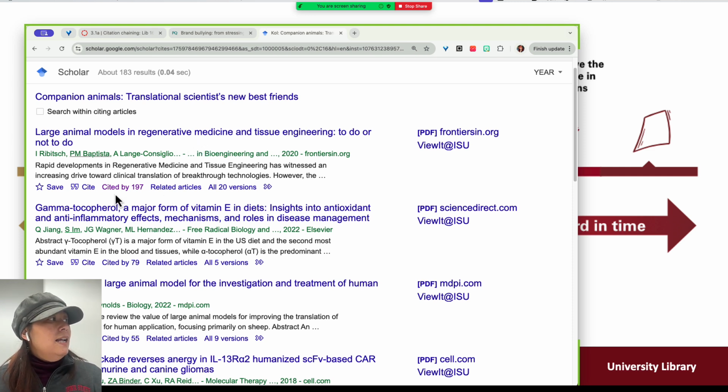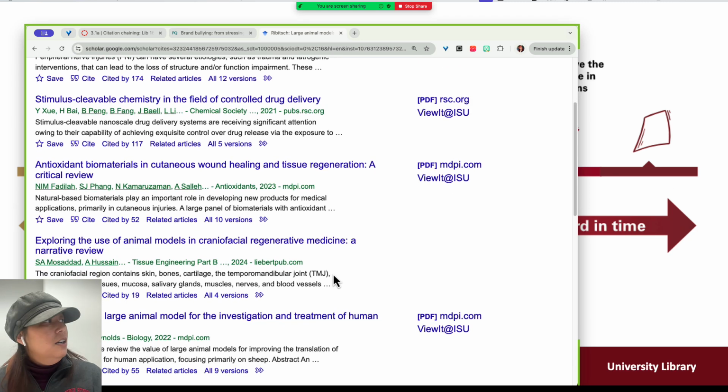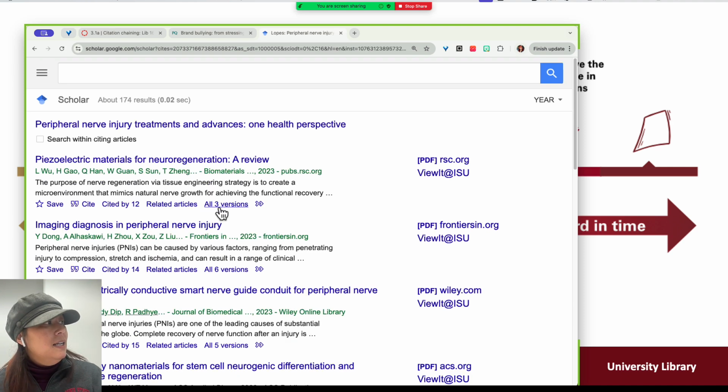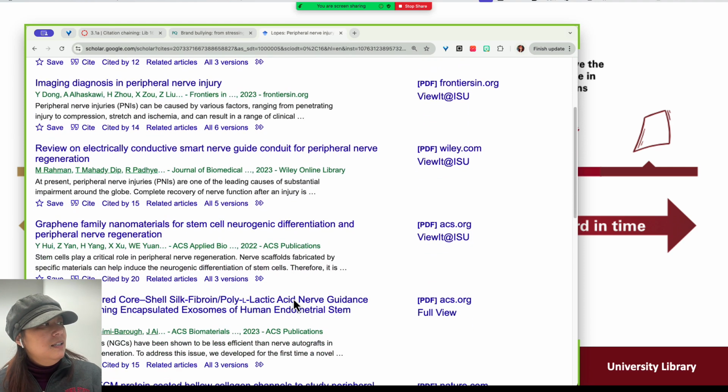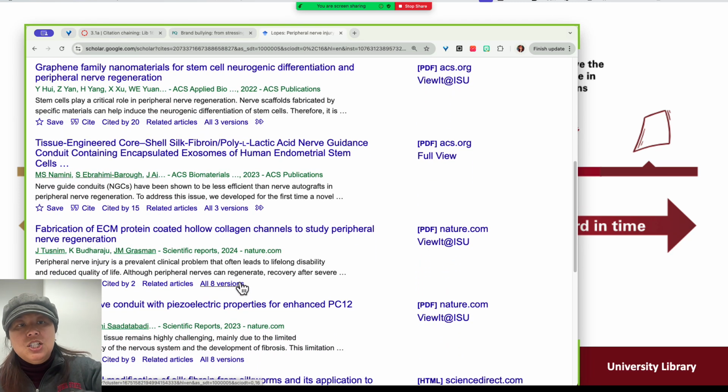Look at that, this one was cited by 197. So 2020, I click on this. Notice now all of these articles are 2022, 21, 23, and so on. And you can keep going. Cited by 2022, these are going to be 2022, 23, 24. Citation chaining forward.